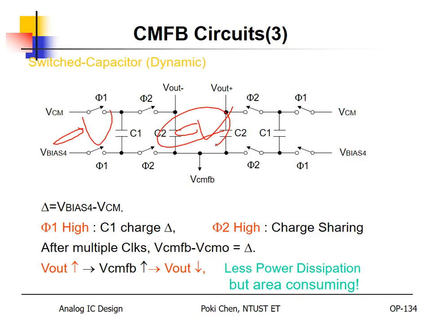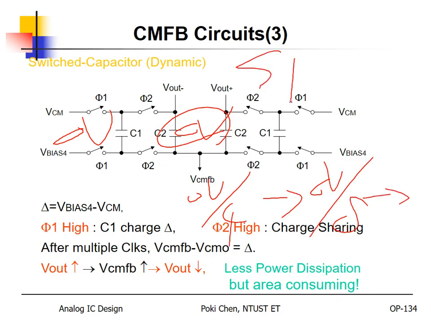So the error is delta V. For the first cycle, the error is reduced by 50%, delta V by 2. For the next cycle, it is also reduced by 2, so the error will become delta V by 4. For the third, delta V by 8. I mean the error.